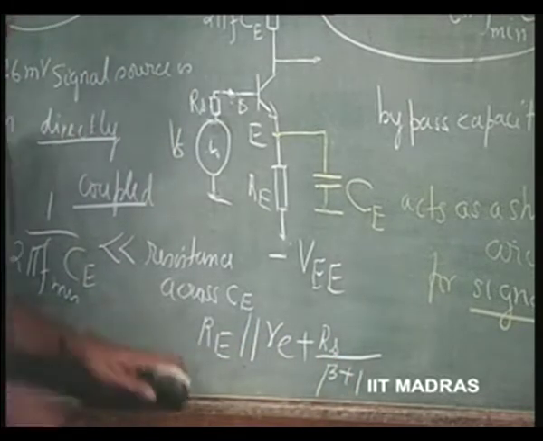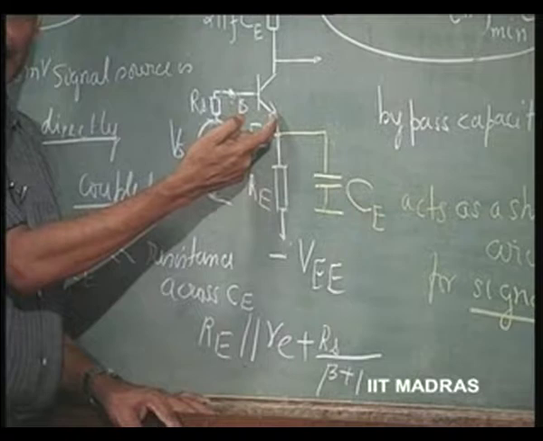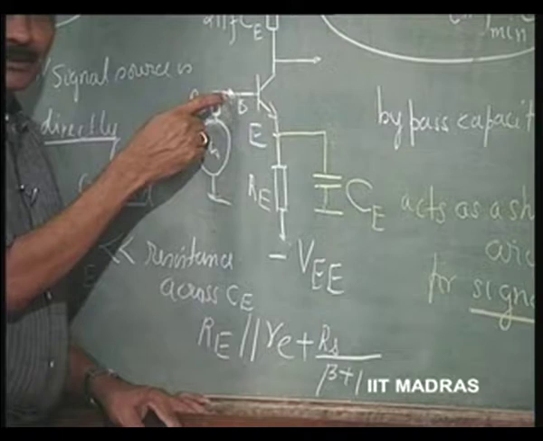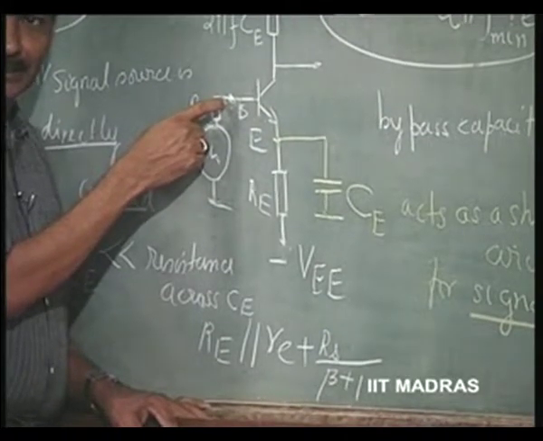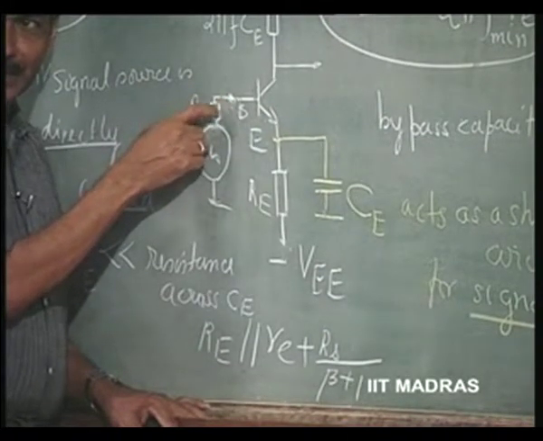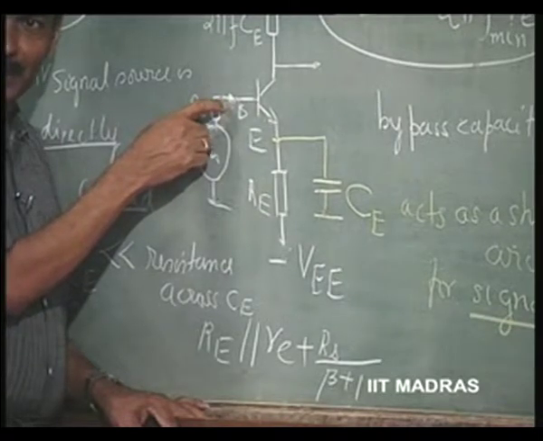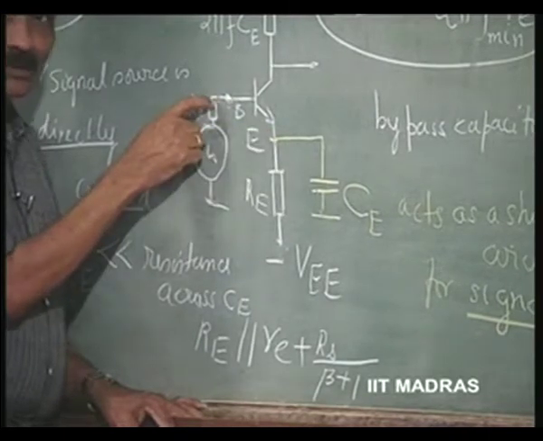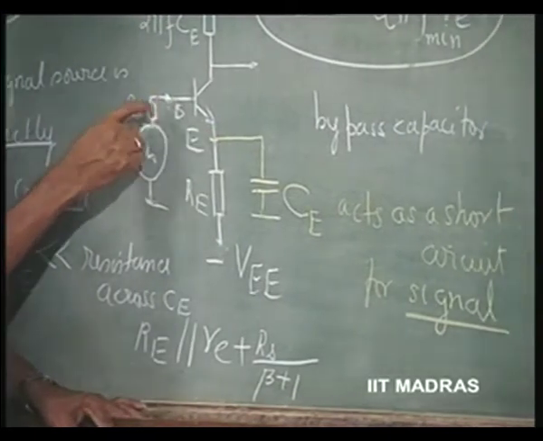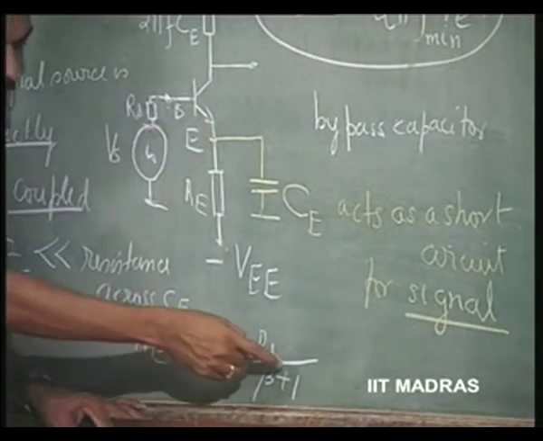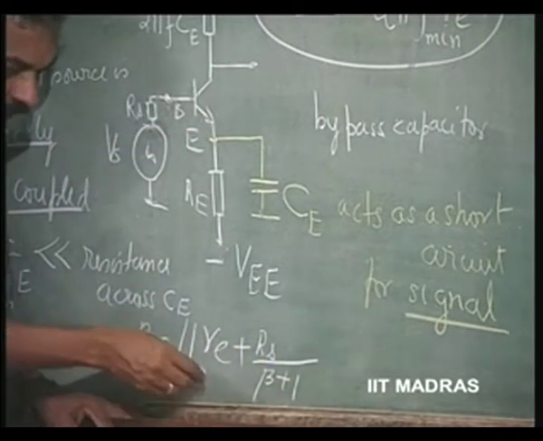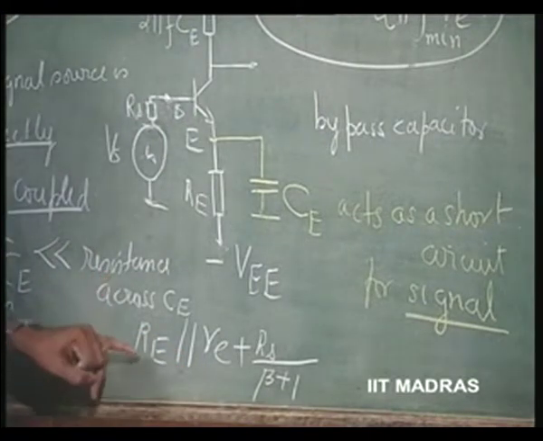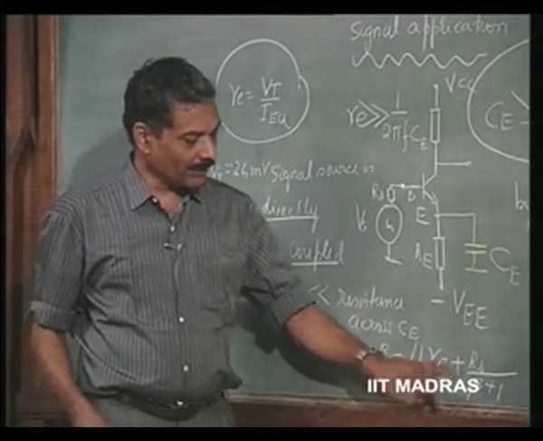Why? If the emitter current is unity, the current in the base is beta plus 1 times less. So, whatever impedance is there, its drop is also going to be beta plus 1 times less. The current in this and current in this differ by beta plus 1. So, any impedance here can be transferred to this side as Rs divided by beta plus 1. So, the capacitor should be such that its reactance is very small compared to capital Re parallel re plus Rs by beta plus 1.